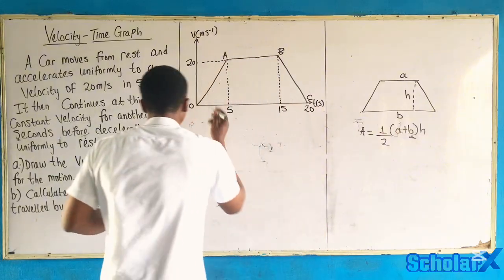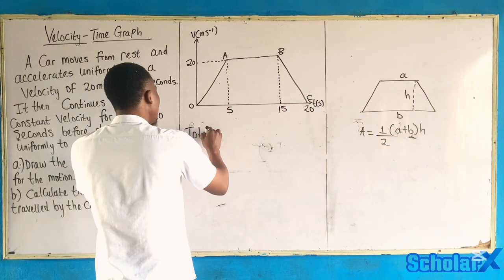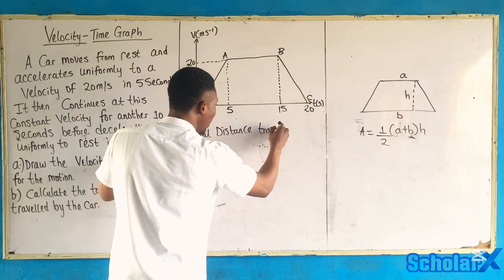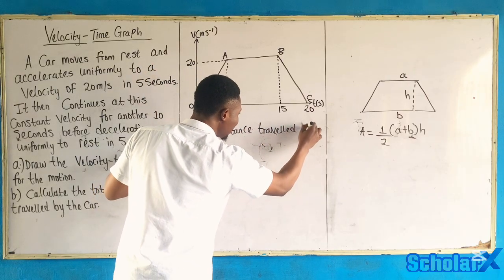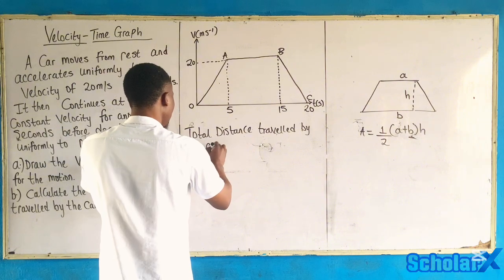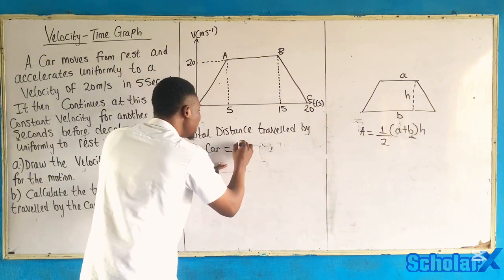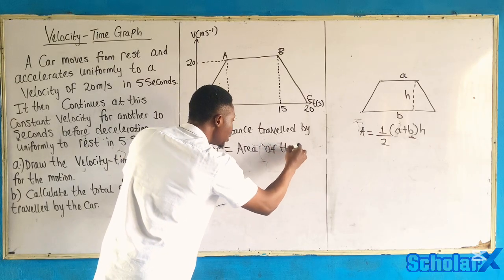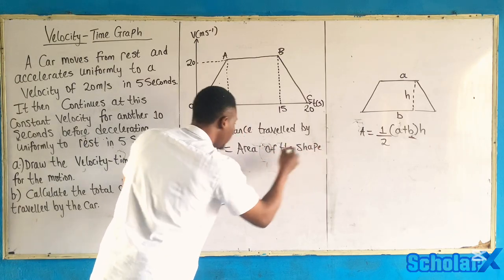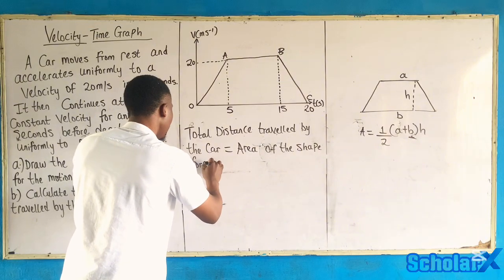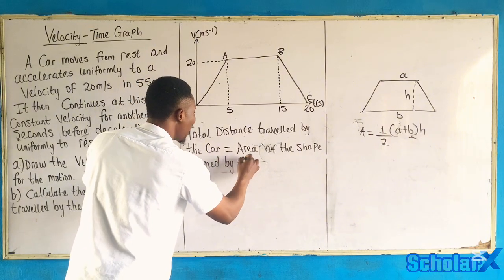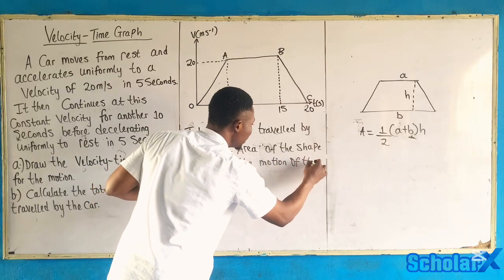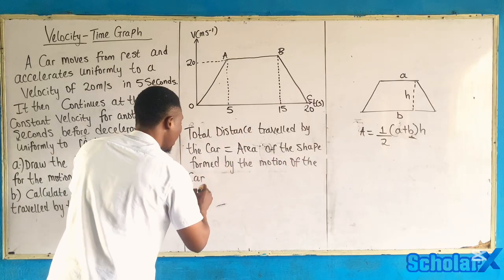So what's it going to be? We said that the total distance traveled by the car will be equal to the area of the shape formed by the motion of the car, which is what?